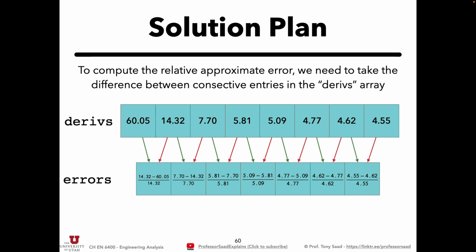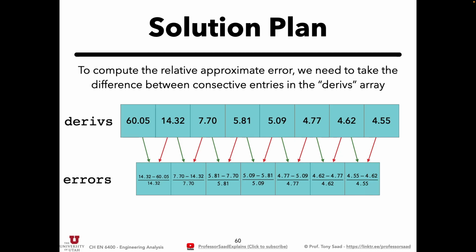Now, if you look at this, we have here the values, the arrows in red, minus the arrows in green over the arrows in red. Right? That's what we're doing. We're taking the difference between the arrows in red and the arrows in green.